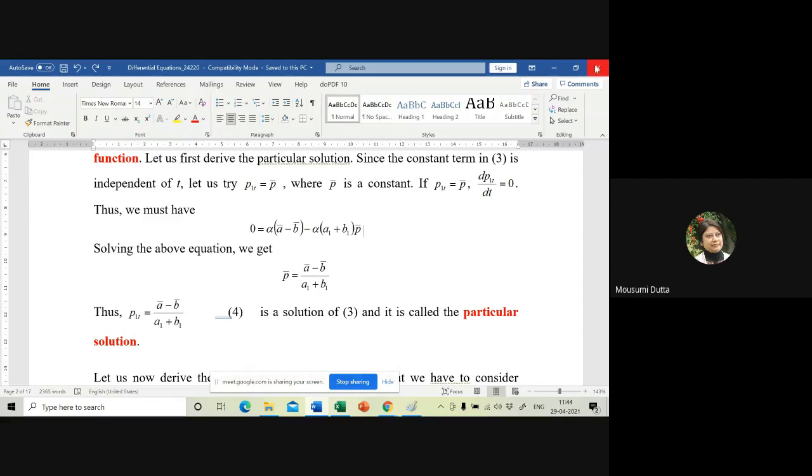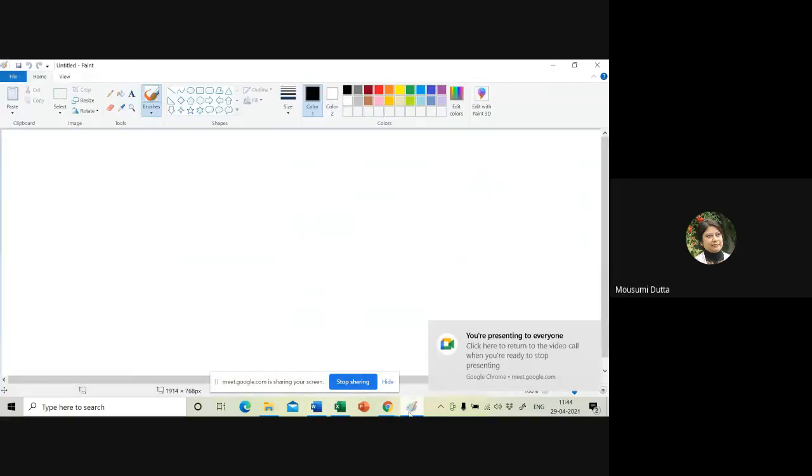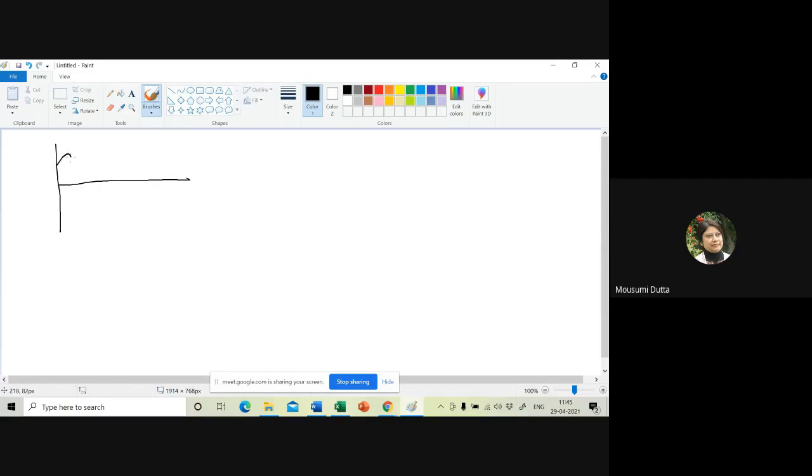So this is the Word file, so I'll not be able to put any matter here. Suppose I'm considering the cyclical movement of price. And here we will consider this slide.